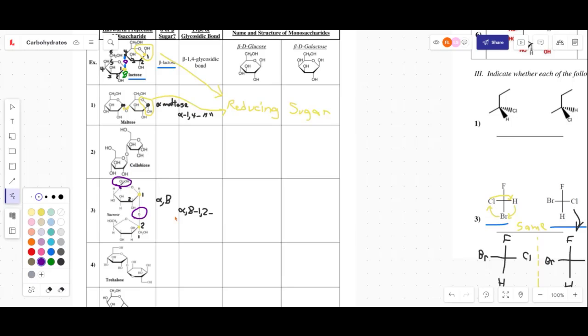Remember that this position determines whether it's D or L. If you opened up the chain, the carbon connected to the attacking oxygen in the middle of the ring is the carbon that determines whether it's D or L. If that carbon has its larger group in the opposite direction from the anomeric carbon, it's alpha. If they're on the same side, it's beta.